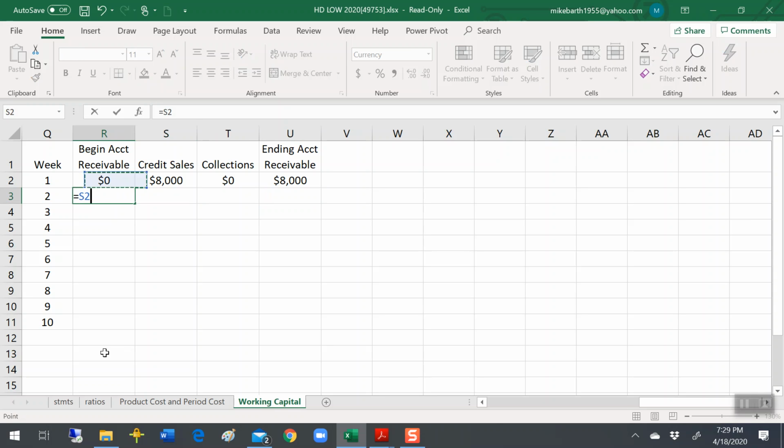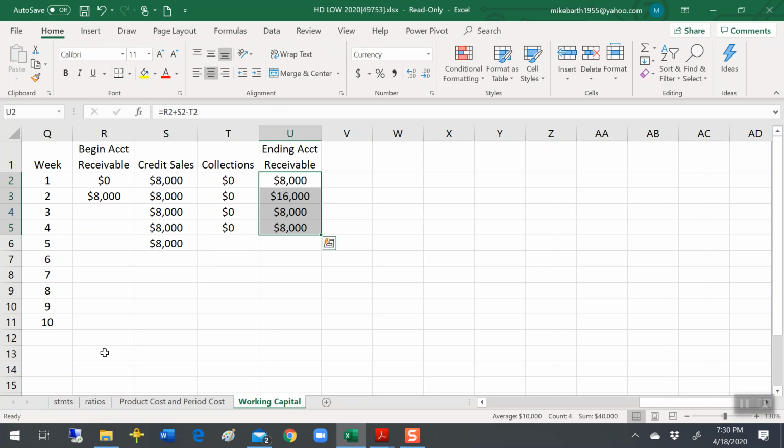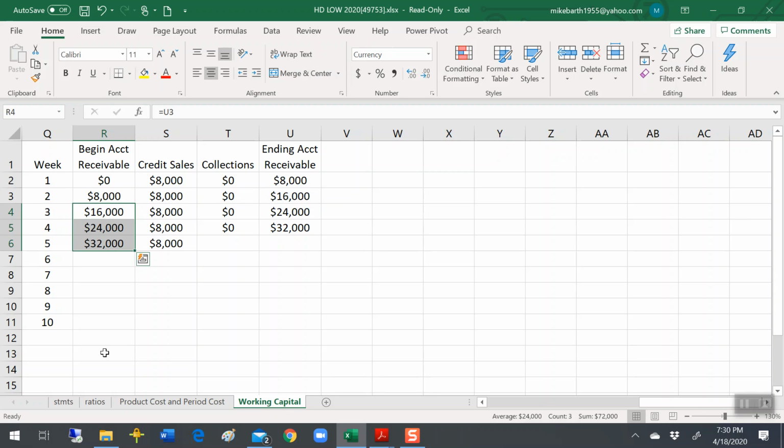Well, the second week we start with that same 8,000. Let's keep this simple and we'll just do the same level of credit sales all along, and collections are still 0. Okay. So what's happening over here is this company is increasing its accounts receivable, and they give everybody 4 weeks to pay.